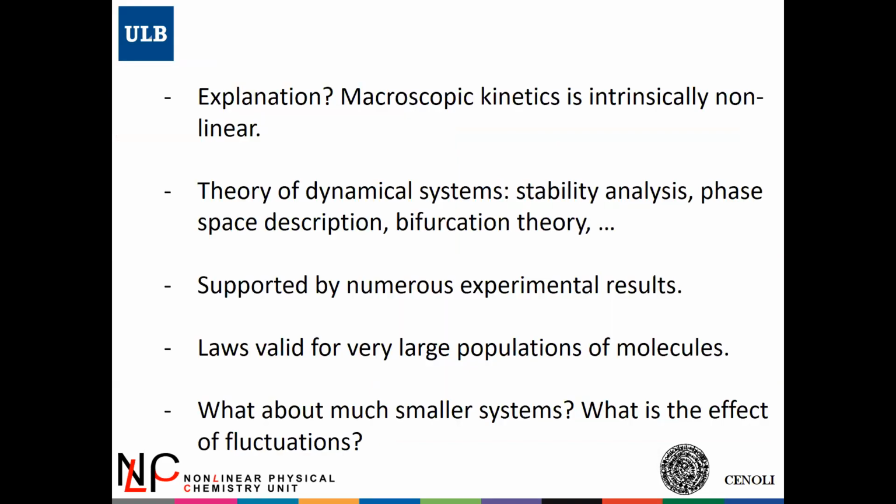In terms of theory, usually this whole complexity is explained in terms of the kinetics of the reaction rates. The reaction rates are nonlinear in the concentrations.